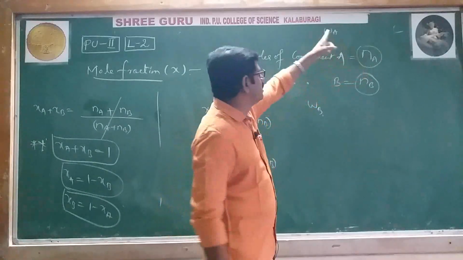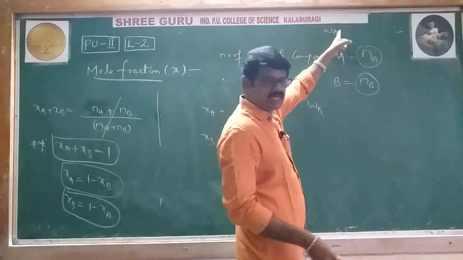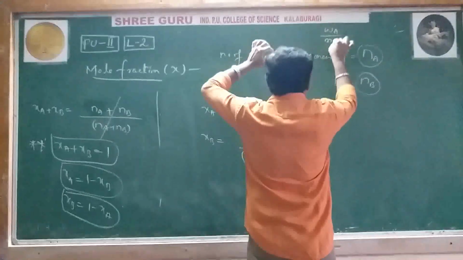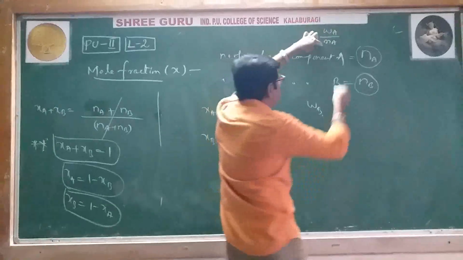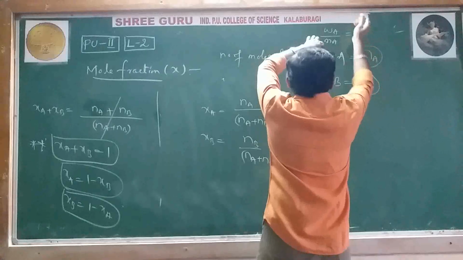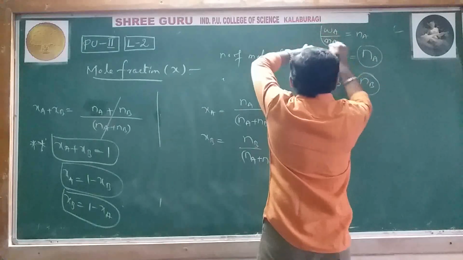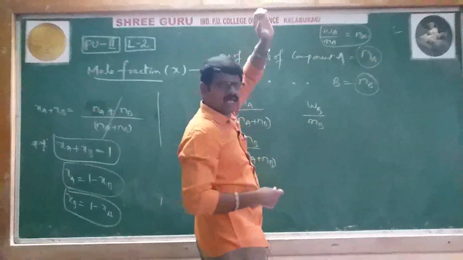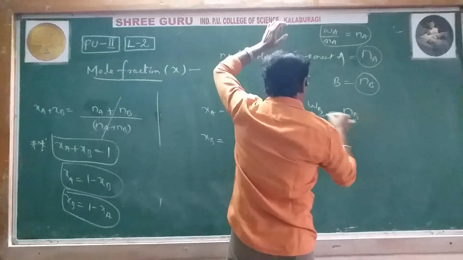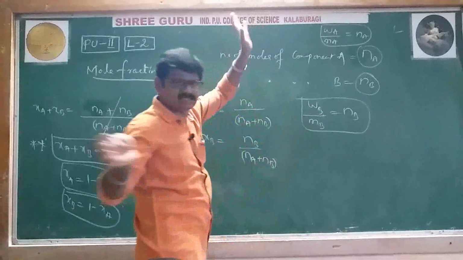The formula is already known to you. Mass of A divided by the molar mass of A, mass by molar mass, gives the number of moles. Here also, mass of B by molar mass of B gives the moles of B. That's it.